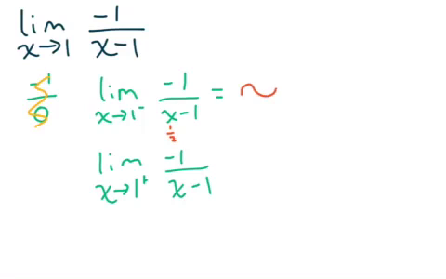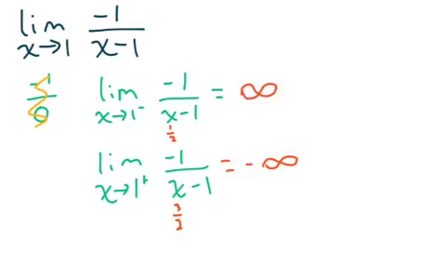So we're going to approach positive infinity. Now, if we come in from the right-hand side, if we pick a number bigger than 1, like 1.5 or 3/2, 3/2 minus 1 is positive 1/2, but then when we take the negative 1 and divide by a positive number, we get a negative number, and we'll see that as we approach 1 from the right-hand side, we're going to approach negative infinity.